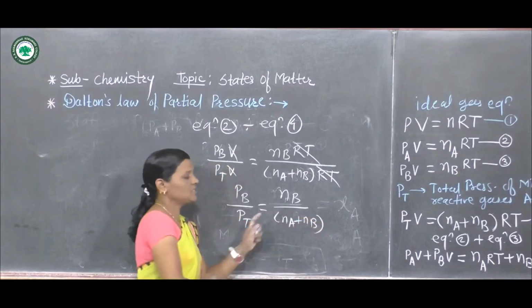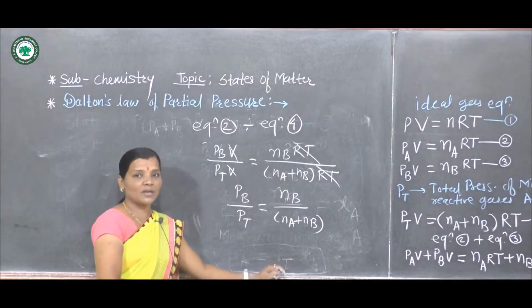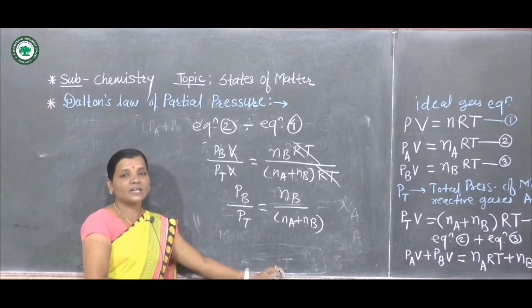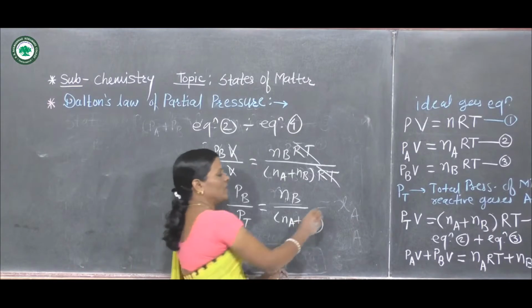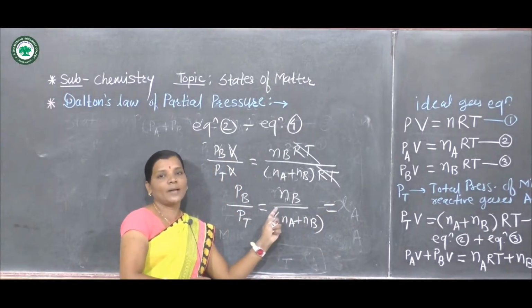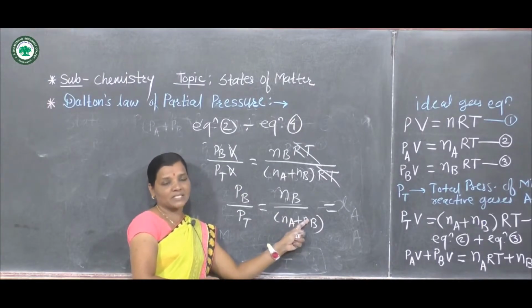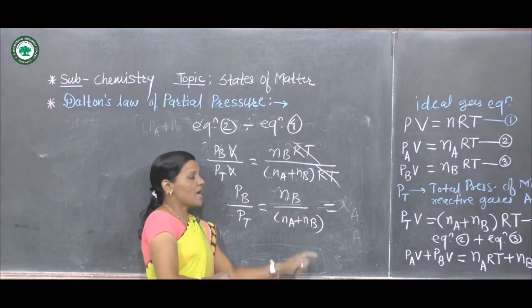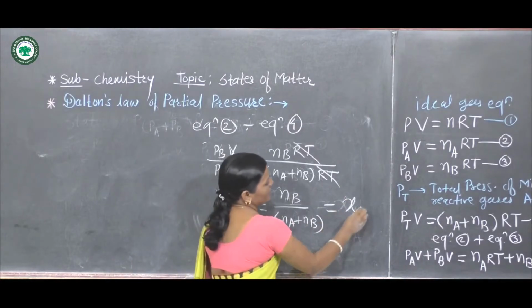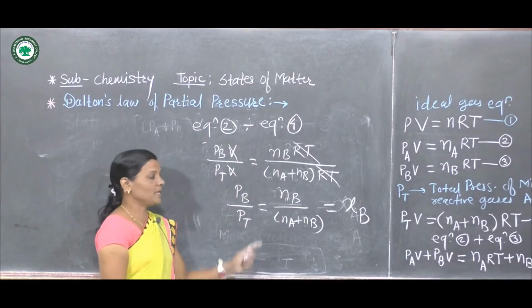Now here again this NB upon NA plus NB is the mole fraction of gas B taken in a container, because here NB, the number of moles of gas B, is divided by the sum of number of moles of two gases taken in a container, and this is indicated by zeta B, that is mole fraction of gas B in a container.